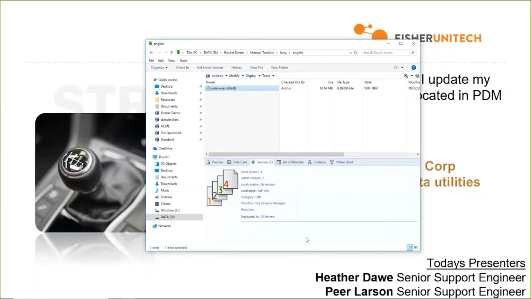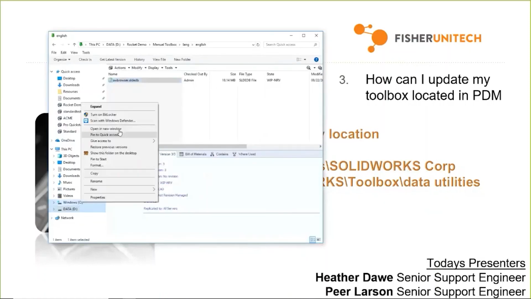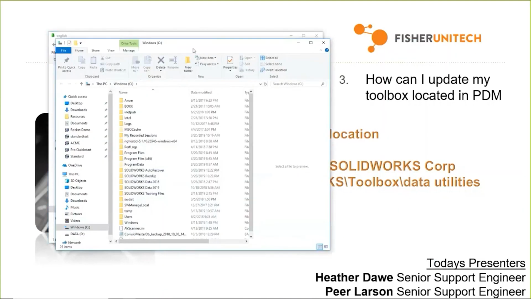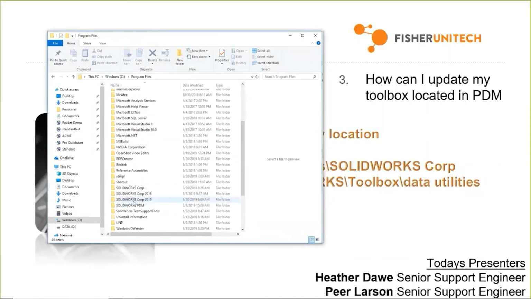And then I'm going to navigate to a file location that's going to be put in every time I load SOLIDWORKS. So it's going to be in C, Program Files, SOLIDWORKS Corp, SOLIDWORKS, Toolbox, Data Utilities. I'm just going to open it in a new window so I can get back to that original location easier.